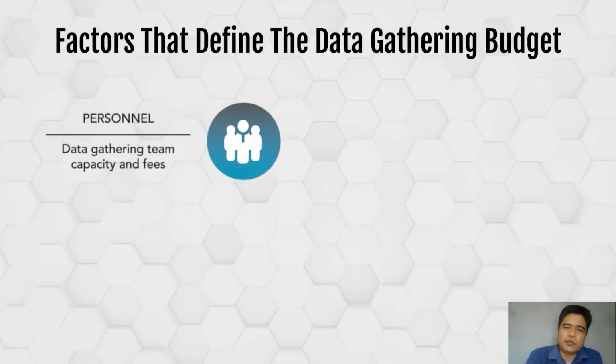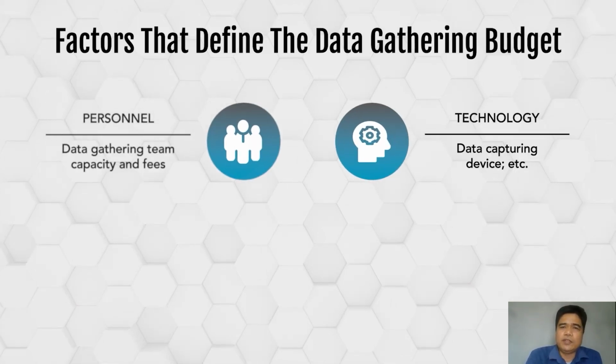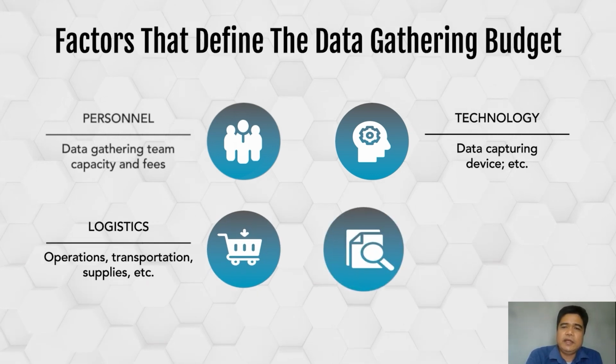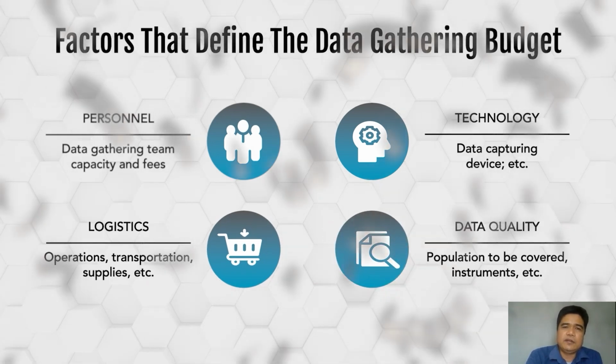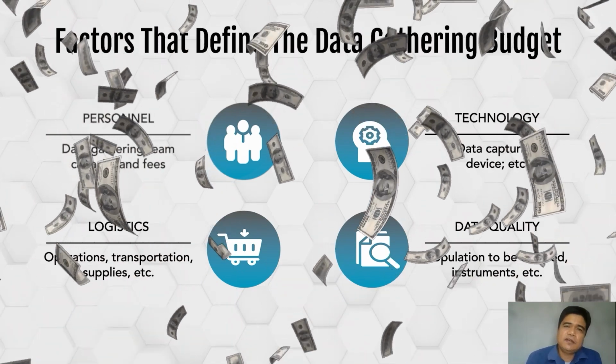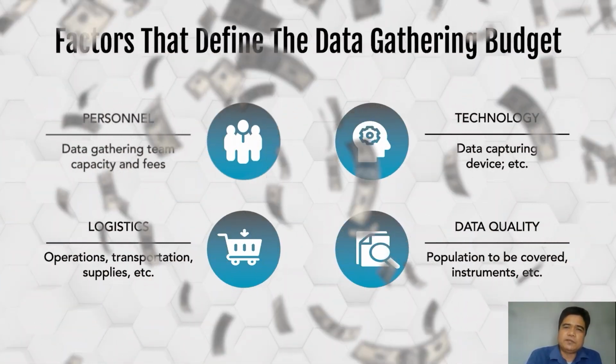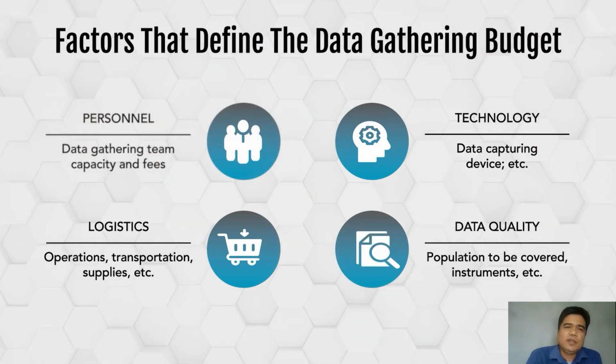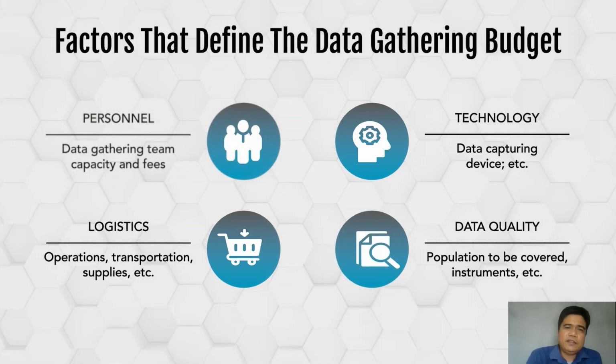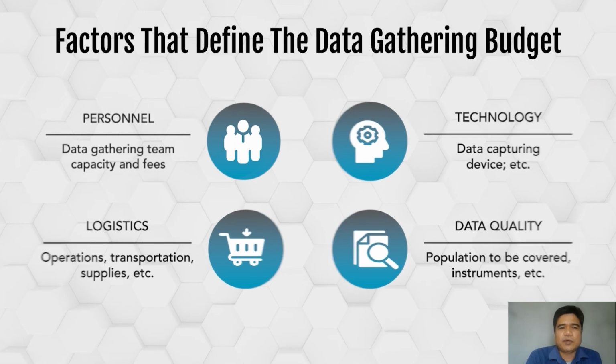The first is personnel, then we have technology, logistics, and data quality. All of these create a huge impact in the data gathering budget. So let's discuss these factors one by one.